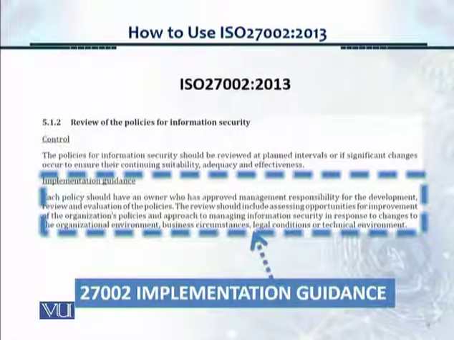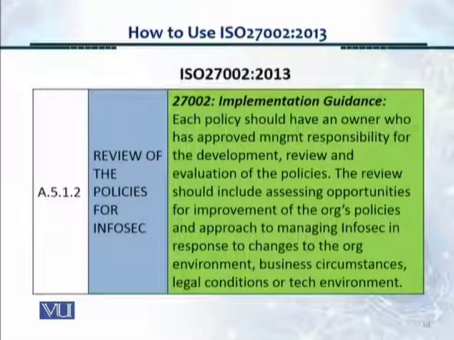27002 retains the control, as we saw above, but adds a new implementation guidance section, which is in blue, and this is the actual contribution, and it tells you how to conduct or implement this control. And now, in this slide, I'm going to show you what 27002 actually guides us. 27002 implementation guidance for review of the policies for information security.